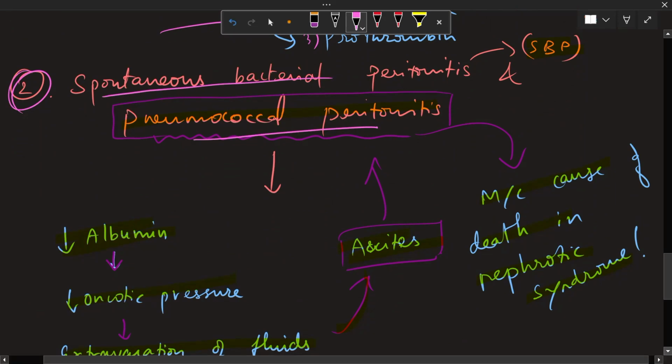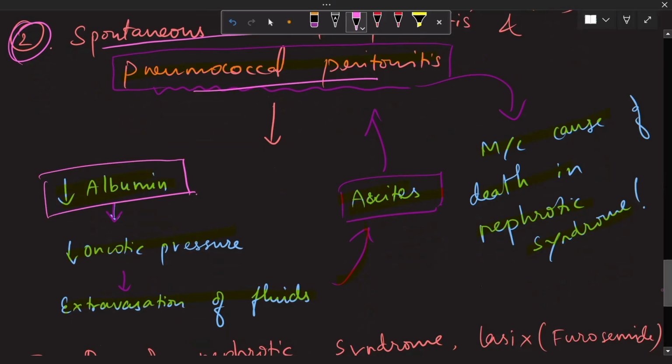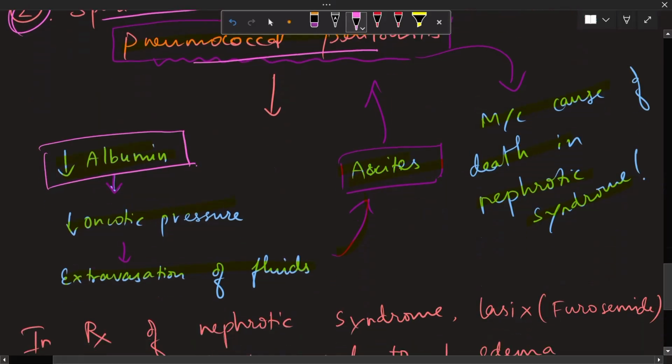And the next important complication is spontaneous bacterial peritonitis and pneumococcal peritonitis. Spontaneous bacterial peritonitis is also referred to as SBP, and the reason behind these complications is the reduction of albumin.